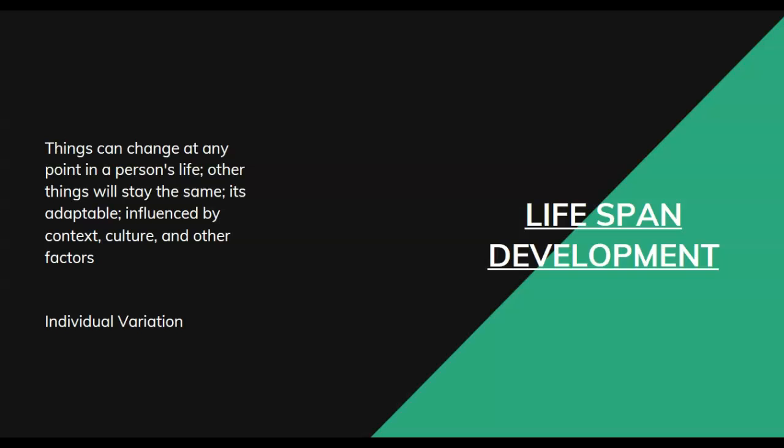Okay? And in looking at that, you come to realize there are some things that don't change, that some things are fairly constant throughout the lifespan of an individual. Other things can change at any point in a person's life.